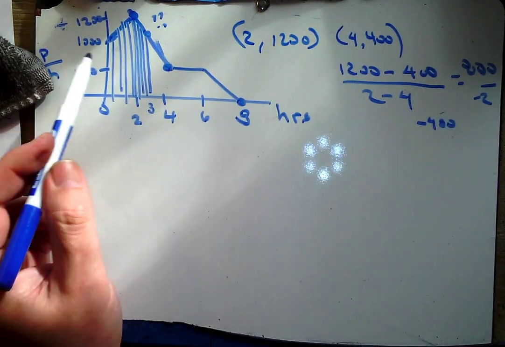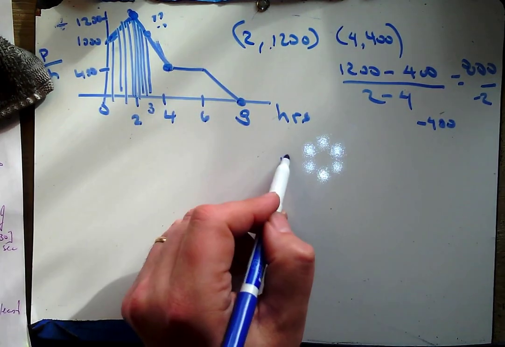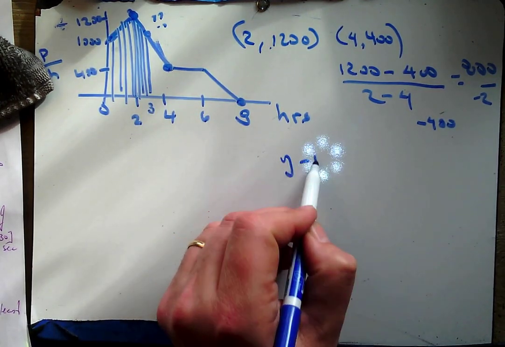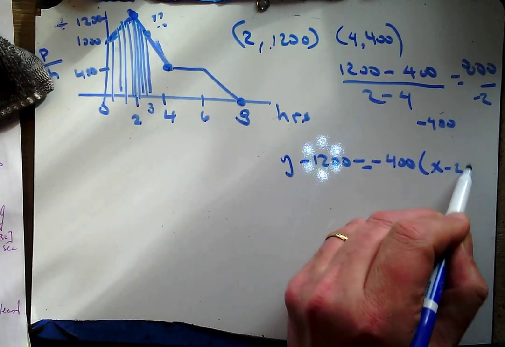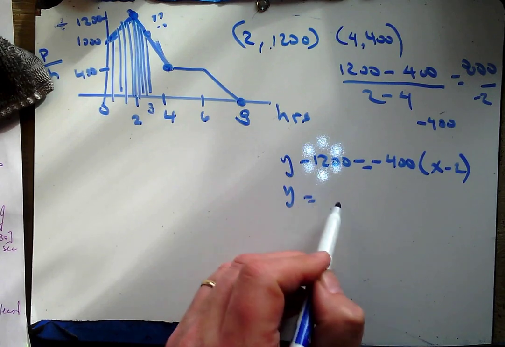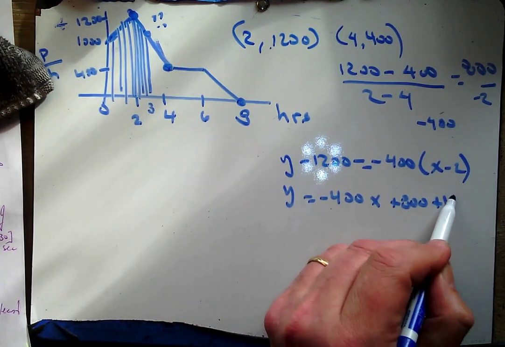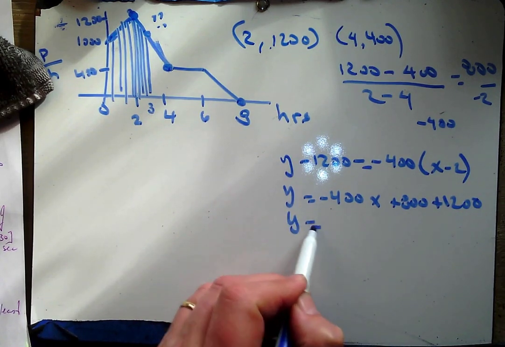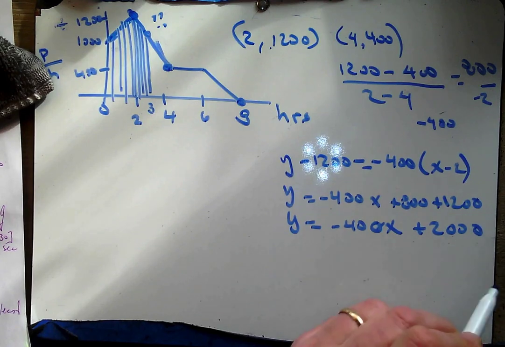Now, I got a slope, I got an ordered pair, I should be able to write the equation of the line. y minus 1200 equals negative 400 times (x minus 2), or y equals negative 400x plus 800 plus 1200. And so I get y equals negative 400x plus 2000.